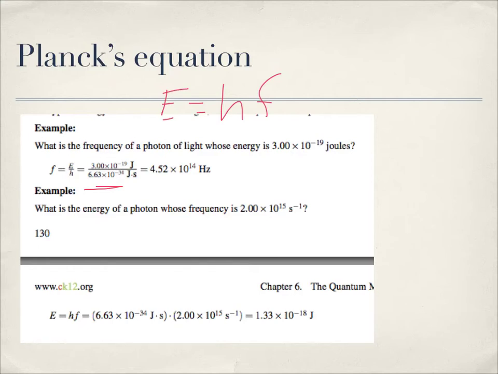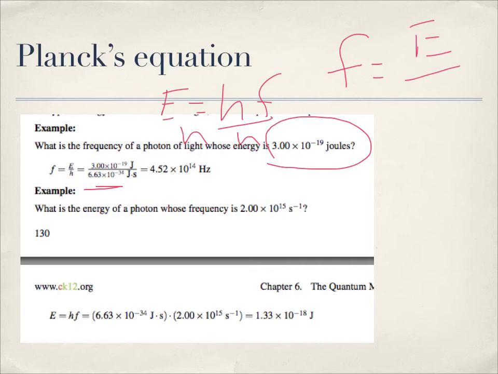If the energy of a photon is 3 times 10 to the negative 19th joules, what's my frequency? Remember, if I'm solving for frequency, I divide both sides by h, so frequency is energy over h, and you would get 2 times 10 to the 15th.